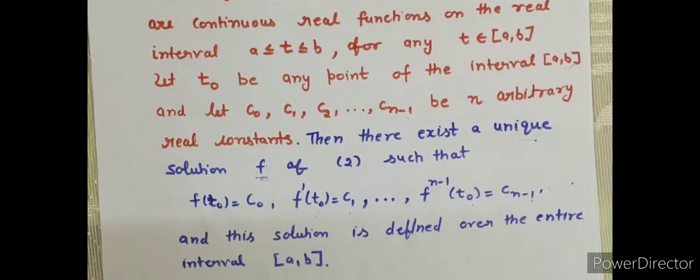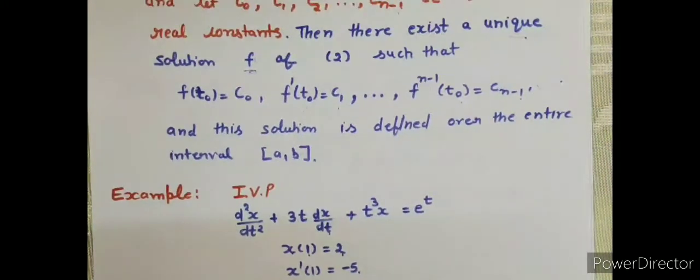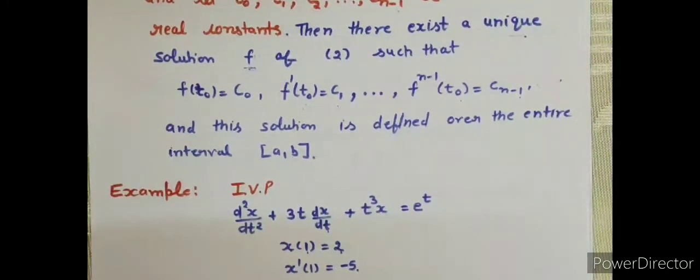Let us take an example of an initial value problem, and my problem is d^2x/dt^2 plus 3t dx/dt plus t^3 x is equal to e^t, and the initial conditions given here are the value of x at 1 is equal to 2 and the derivative at 1 is minus 5. If I compare this with equation number 2, here the value of a0 is equal to 1. So this is the normalized form of a non-homogeneous linear differential equation of order 2.